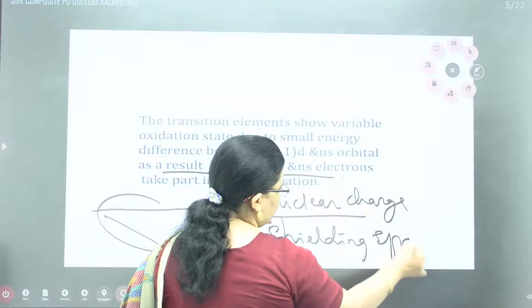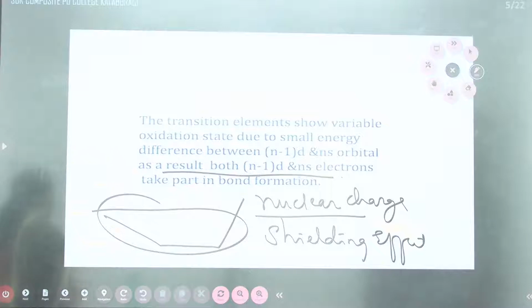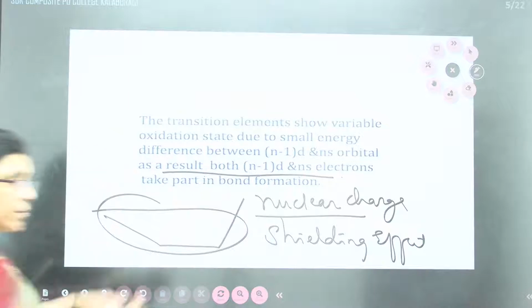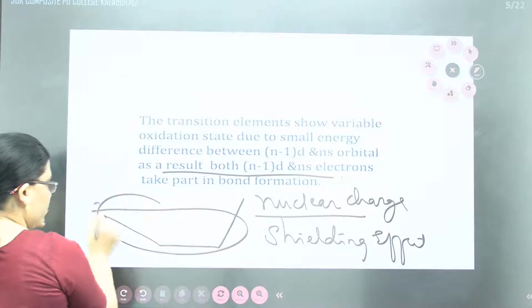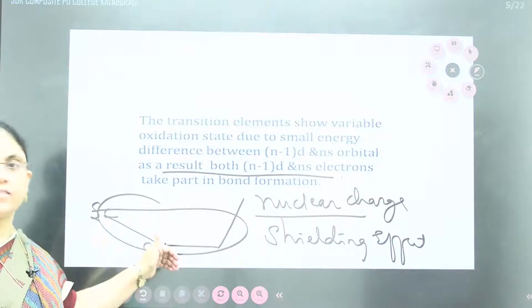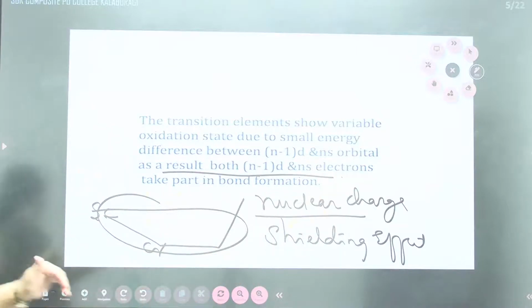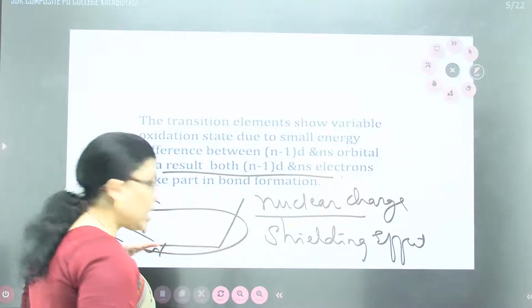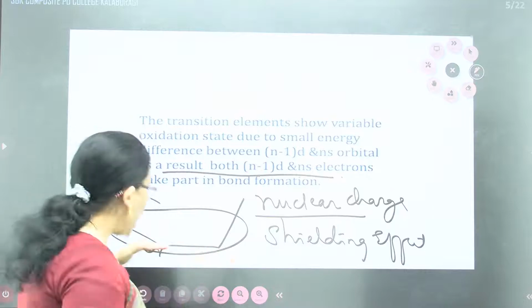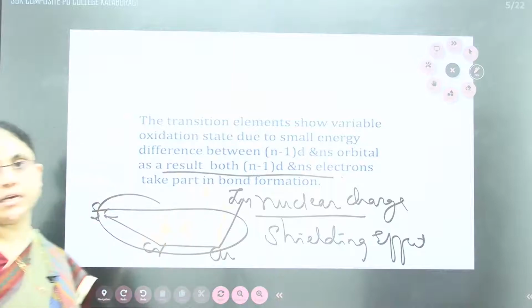For a decrease in the atomic size when moving from scandium to chromium, the decrease in atomic size can be justified by the increase of nuclear charge. Whereas from chromium to copper, the size remains almost the same, not exactly the same. But up to zinc, again there will be an increase.